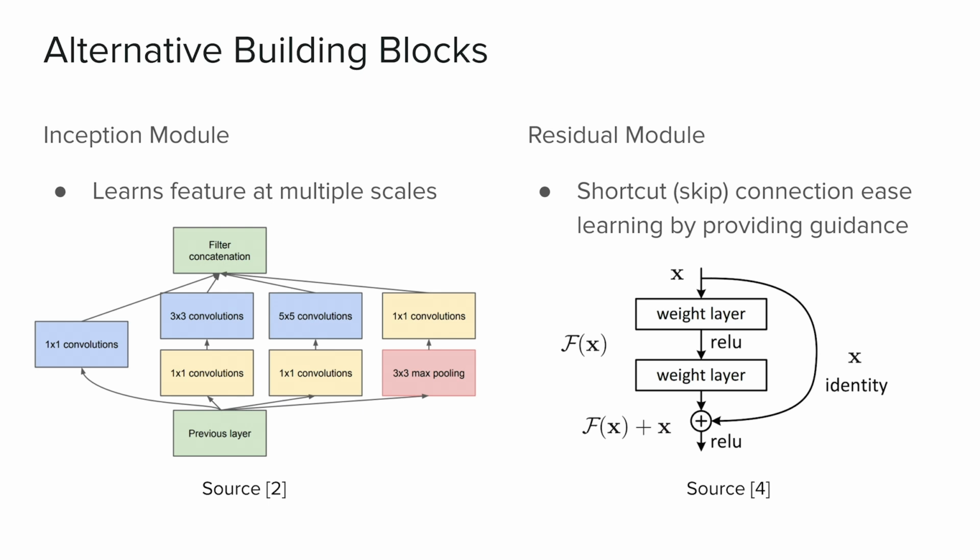So we take this shortcut and therefore allow better information flow. And when you think about the residual module, we reformulate this block into a thing that gives the network guidance. So it learns in the convolutional filter what it should add or remove from the input X.